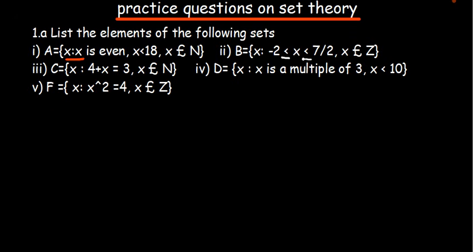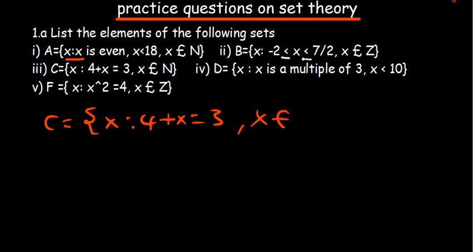Okay, part C. So x is such that 4 plus x is equal to 3. Then x should also be a member of natural numbers. What we're trying to say is that whatever value of x you have, when added to 4, it should give us a 3. This is likely to be a set made up of one element.